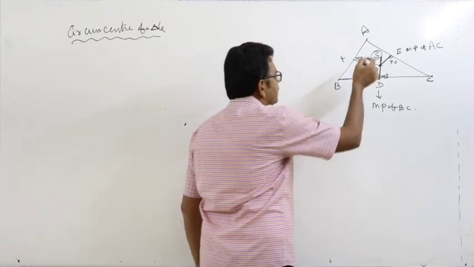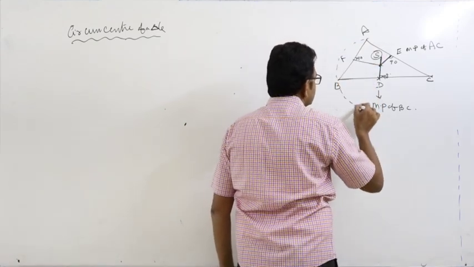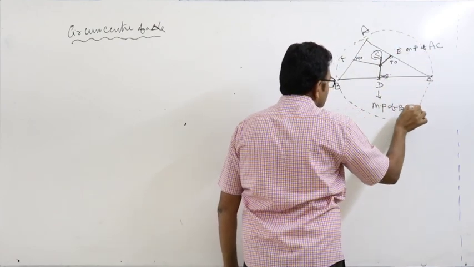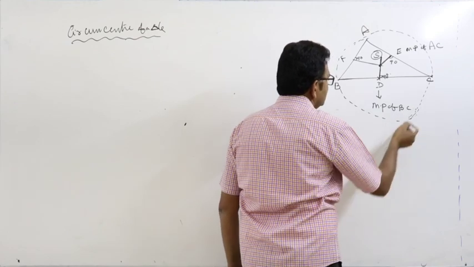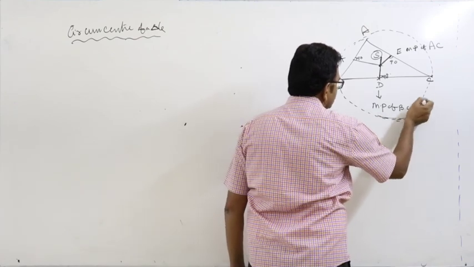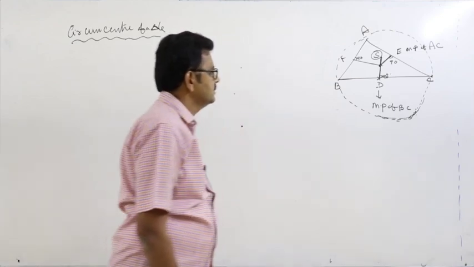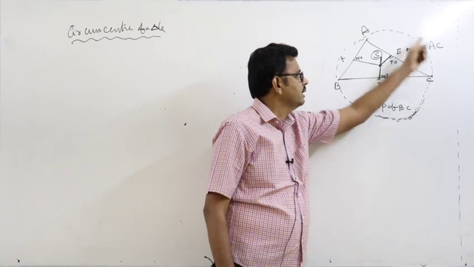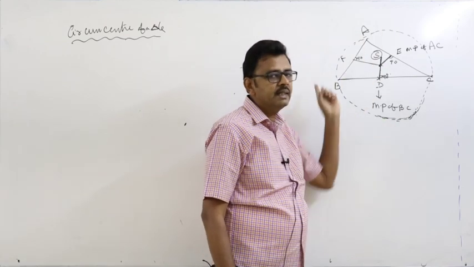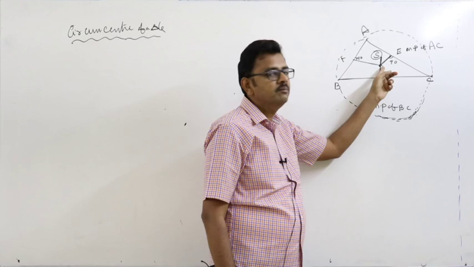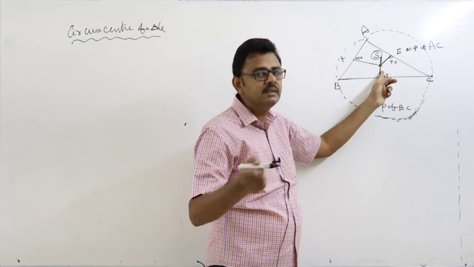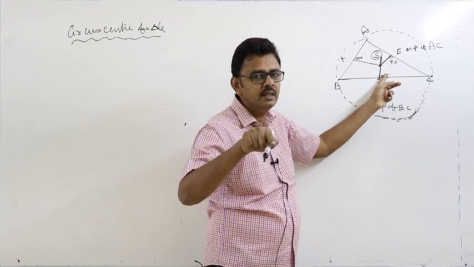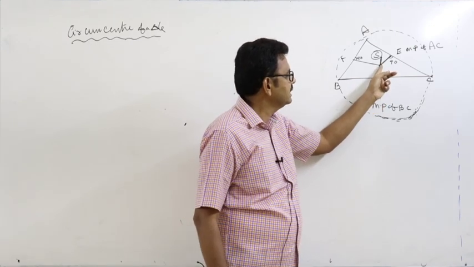The circle which passes through the three vertices of a triangle is called the circumcircle, and this is the circumcenter, that is, the center of the circle.